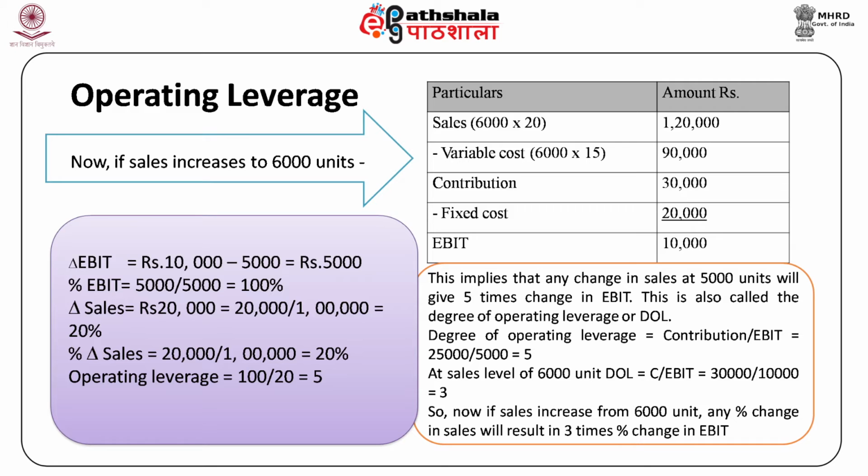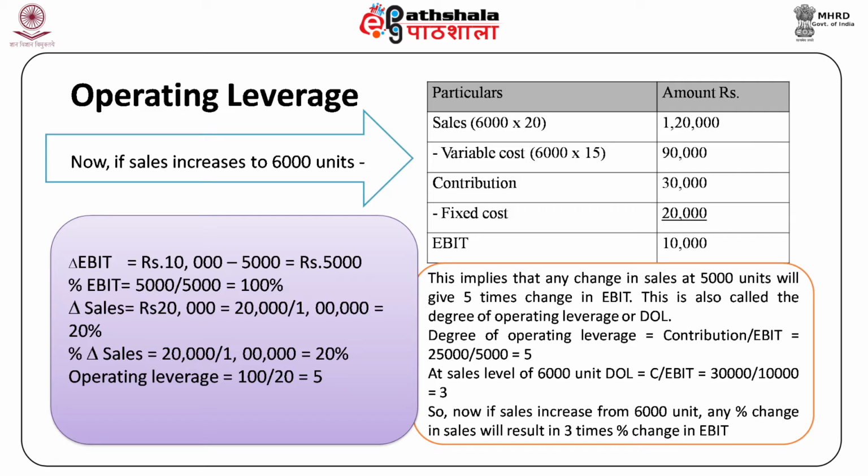Now if sales increases to 6,000, then sales will be 6,000 into 20, 1,20,000, minus variable cost 6,000 into 15, 90,000, contribution is 30,000, minus fixed cost 20,000, so EBIT 10,000.